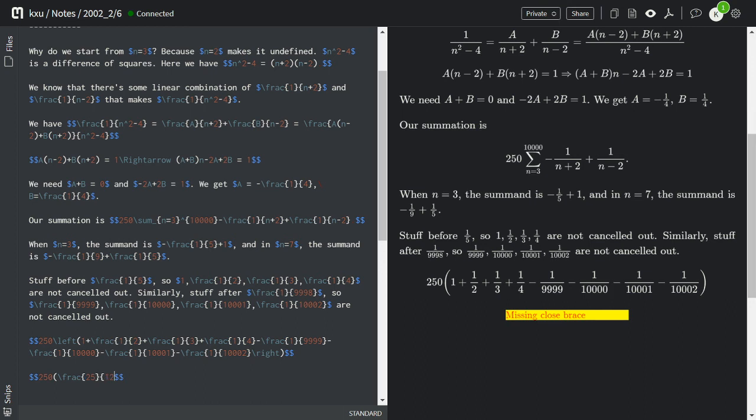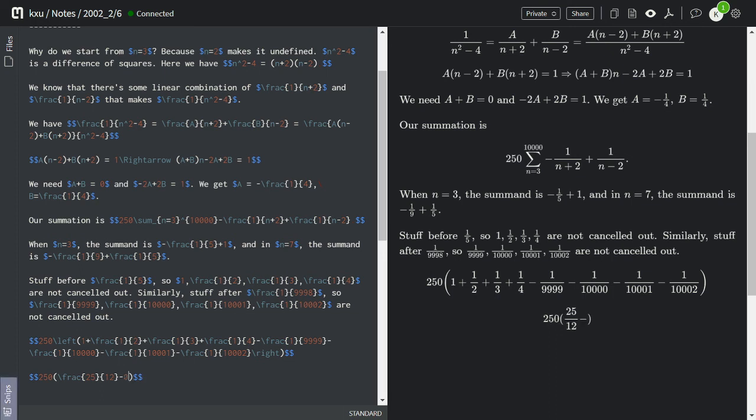And then we're subtracting a bunch of stuff: we're subtracting 4 things that look a lot like 1/10,000.